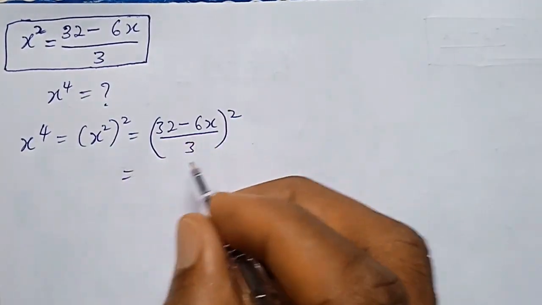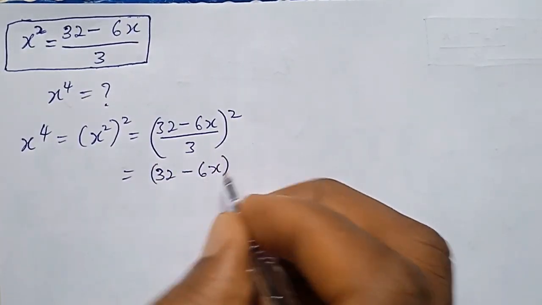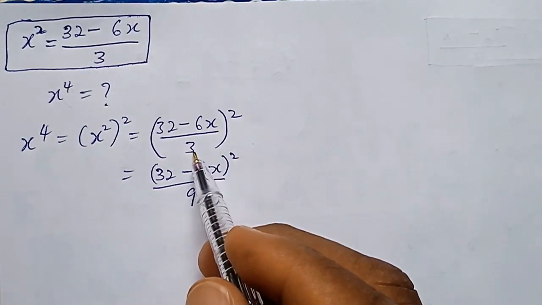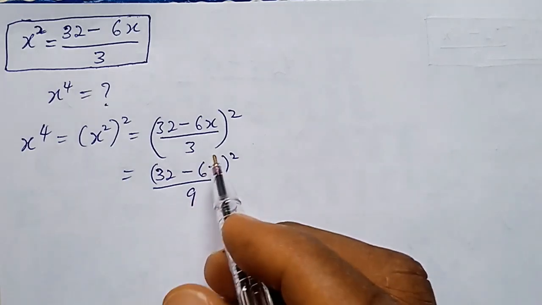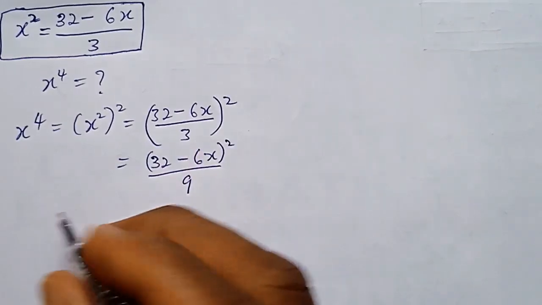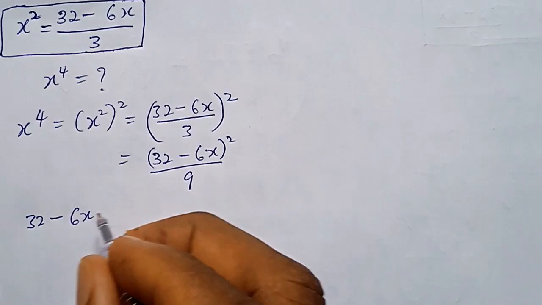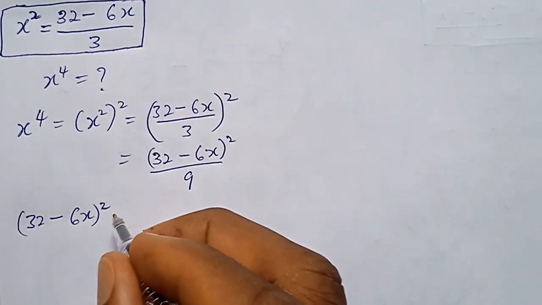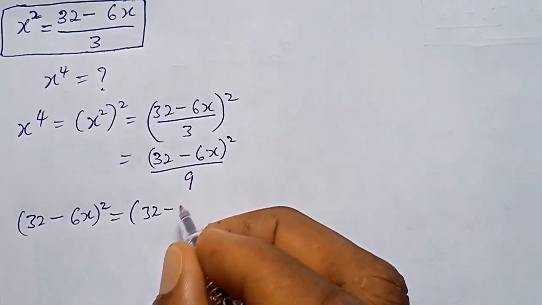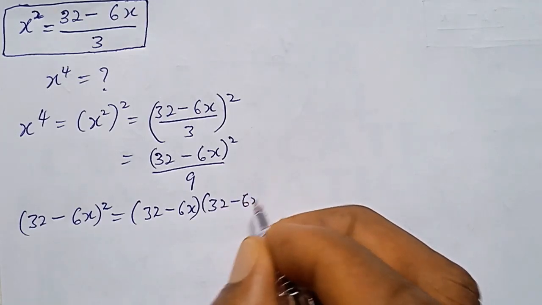This gives us 32 minus 6x raised to power 2 over 9, since 3 squared gives us 9. From here we need to simplify the numerator, which is 32 minus 6x into bracket times 32 minus 6x.